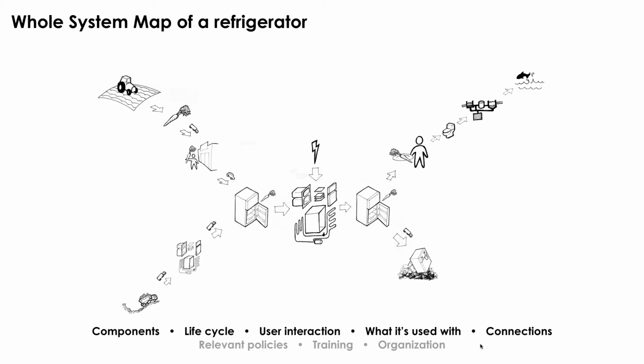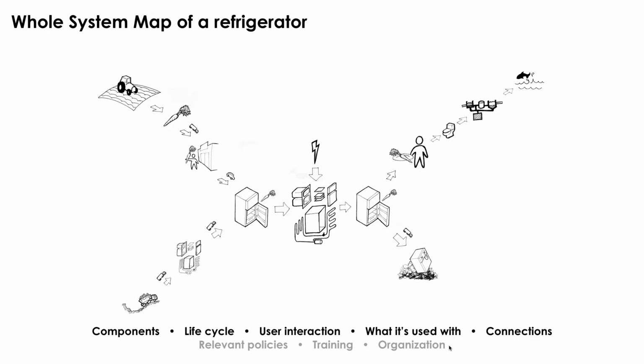But one last thing that I do think is important is the connections between these. So you see all these arrows. Here they're showing transportation, but they can also be showing the flow of time through the system or the flow of goods through the system. And in gray text down here, there's also things that you might consider if you're using whole system mapping for something other than a normal physical product.